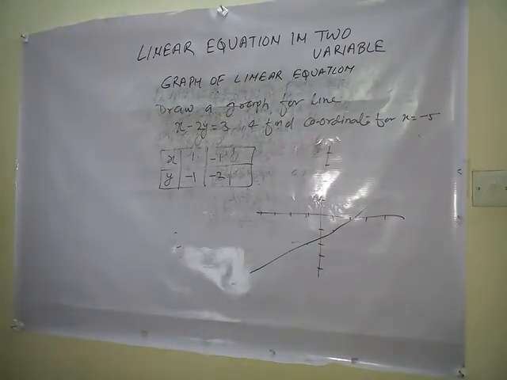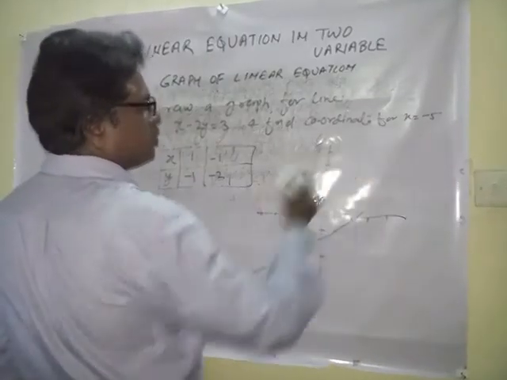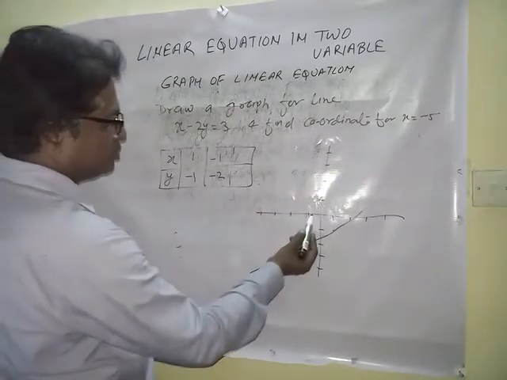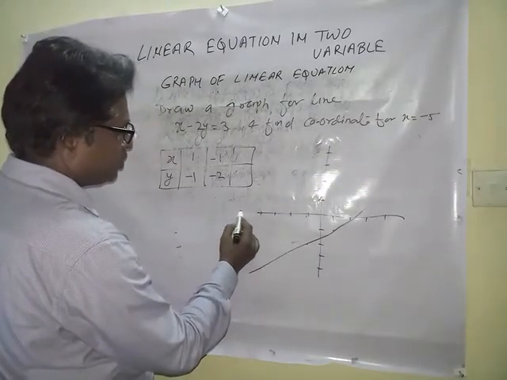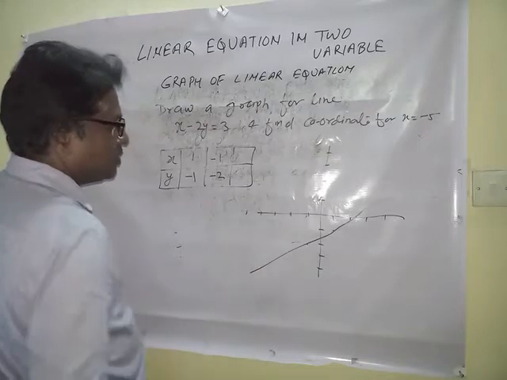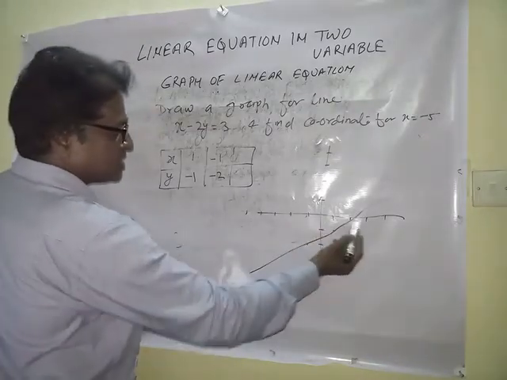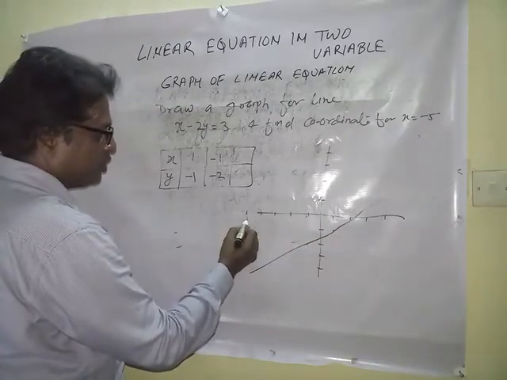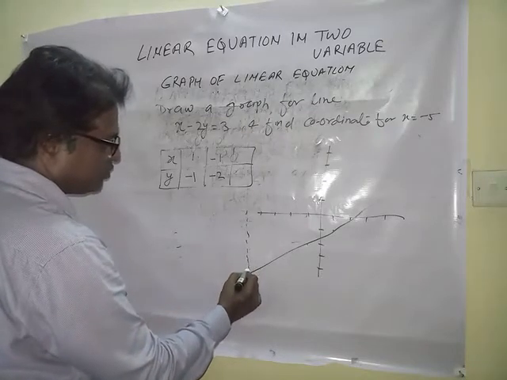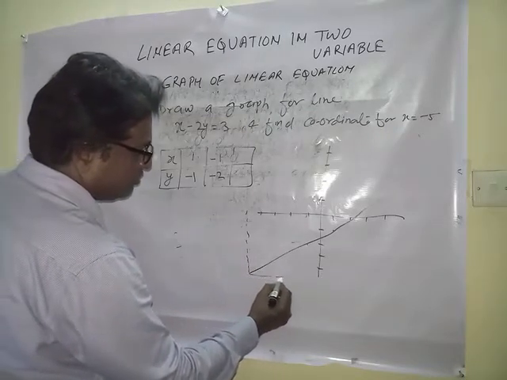Now what you have been asked, x is equal to minus 5, you have to find it out. So here if you go further down, you will get a minus 5. This is the x-axis, you will get a minus 5. Draw a vertical line from here and draw a line from here.